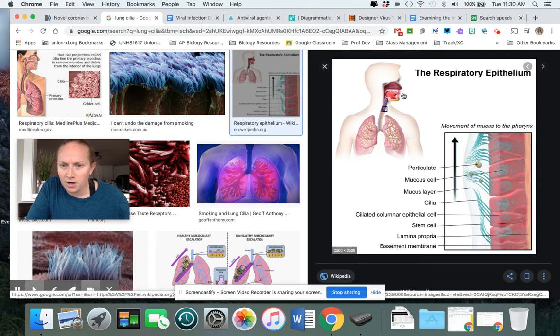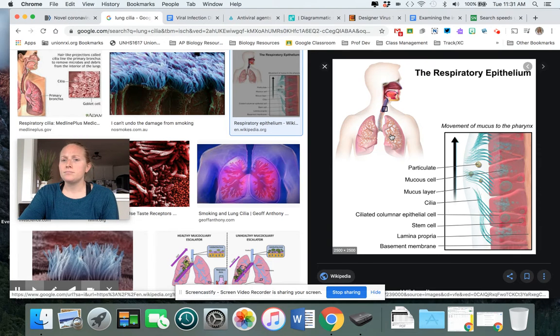Say a virus particle gets in your throat, like we discussed in class the other day. And then it travels down to your lung and it gets into these parts here. These parts here are your bronchioles. They help with oxygen diffusion.